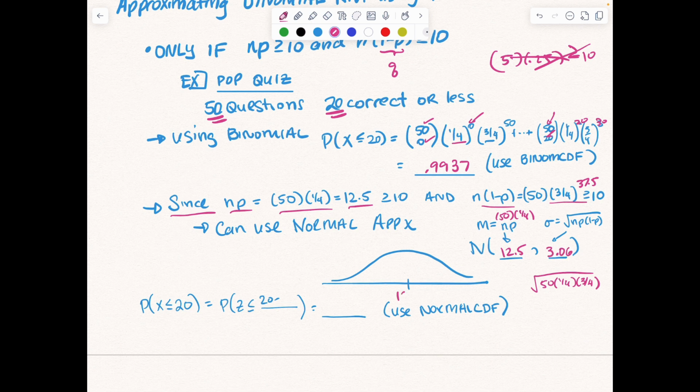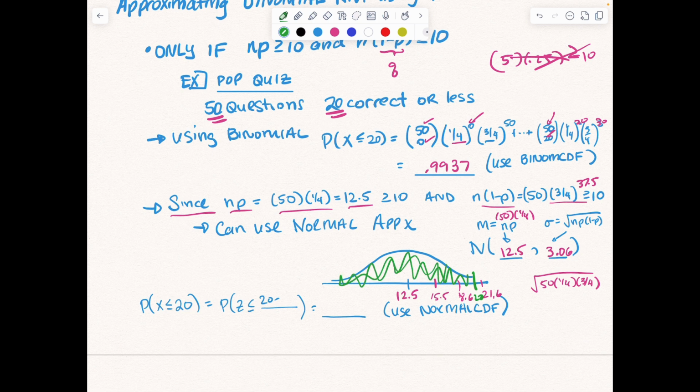All right, so when I make my normal approximation, here's my mean, 12.5, and I want to know the probability of getting 20 or less correct. So this is 12.5 plus another 3.06, that's about 15.5, plus another 3.06, about 18.6, plus another 3.06, and that's about 21 over here. And I want to know the probability of 20 right here or less, all of that.